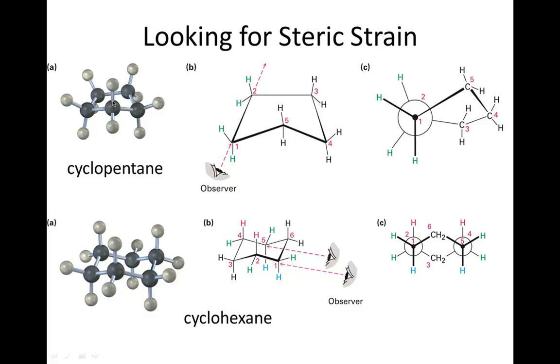But if you look around at each one of these bonds, you're going to see that some of them, like this one back here, look like they're pretty close to eclipsing each other. This one right here doesn't look too bad. This one doesn't look too bad. This one looks okay, but these two and these two look pretty close, or less than ideal in terms of the dihedral angles for those conformers.